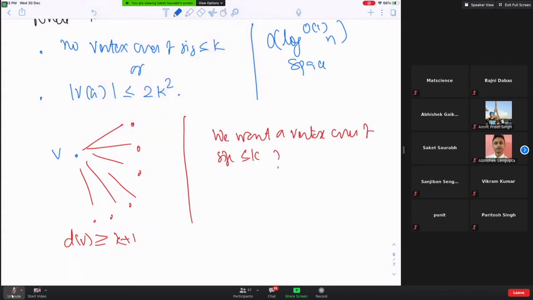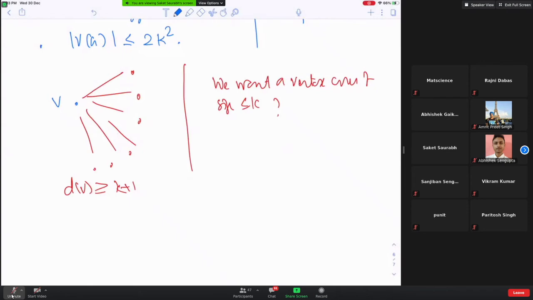What happens if you do not pick V in your vertex cover? Suppose V is not part of the vertex cover. What can I say then? For covering those edges, the other endpoint is chosen.